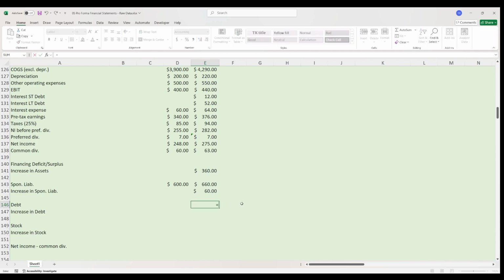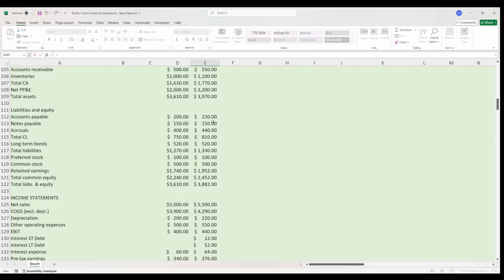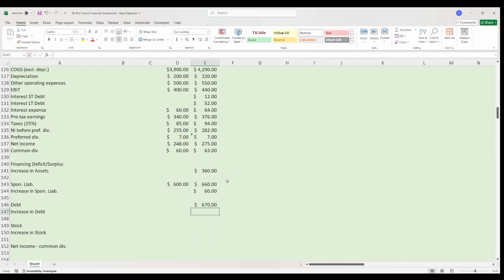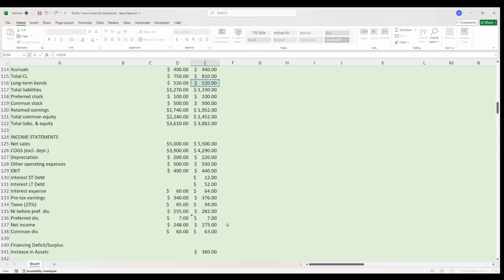And then for the debt, it's the same thing. We have a long-term debt and a short-term debt. So short-term debt plus long-term debt, right? So 670, and the change is 0, right? This minus this, it's 0, okay? And then I have a stock, which is common stock, and a preferred stock, that's the two.